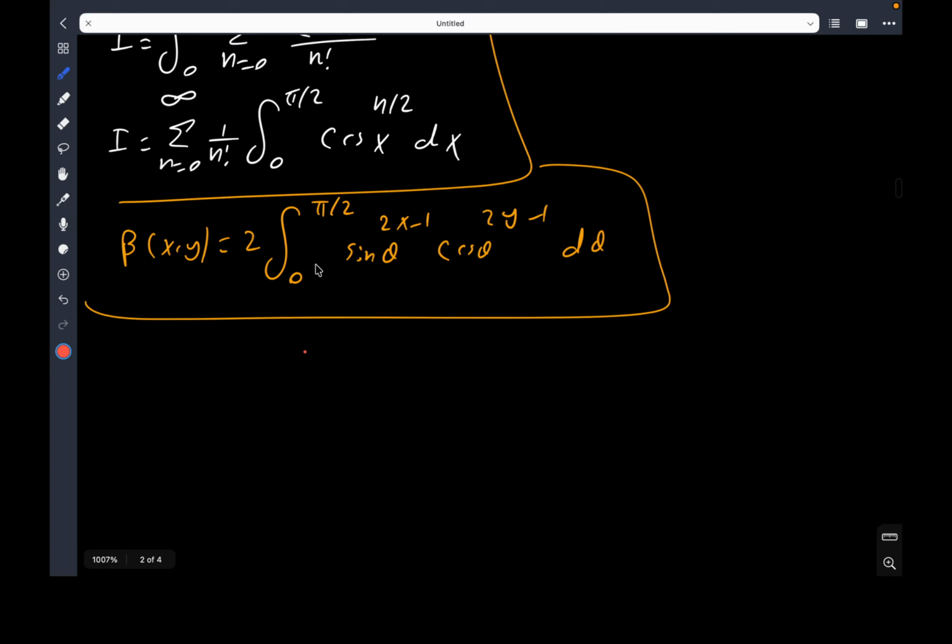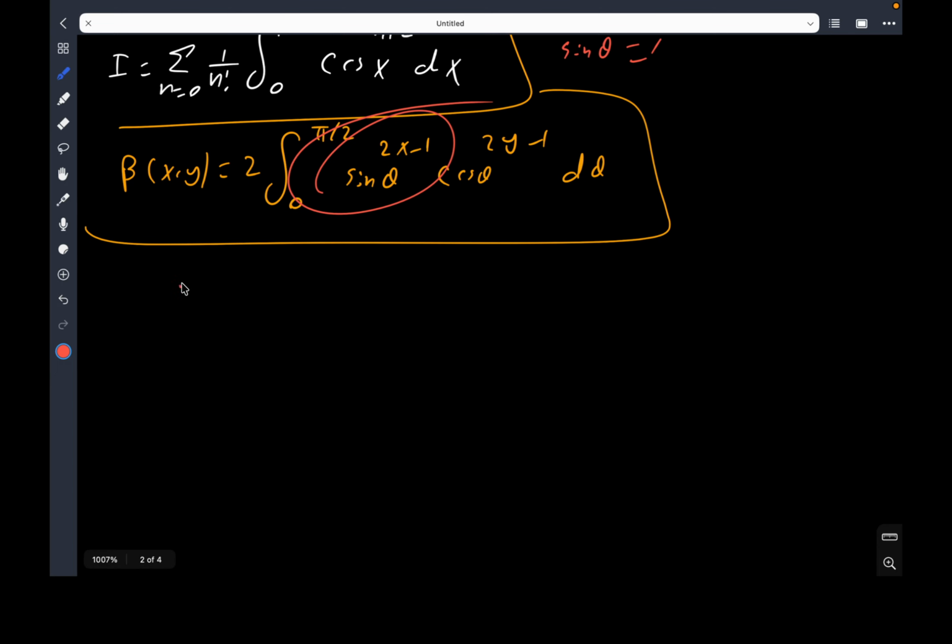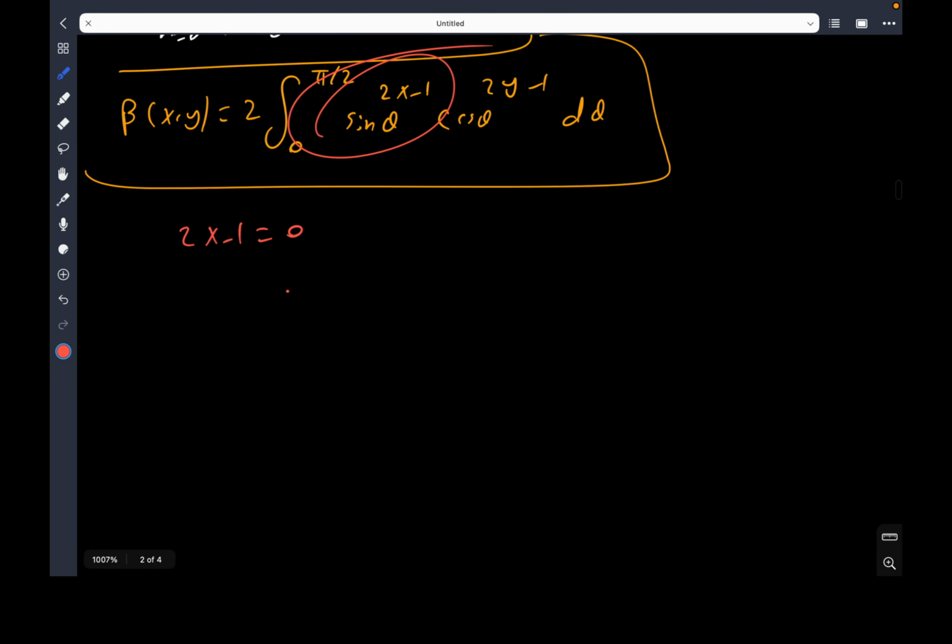So we don't have a sine x, and that means that we have sine theta to the power of 0, which is 1. That means that 2x minus 1 should be equal to 0. 2x equals 1, therefore x equals half.